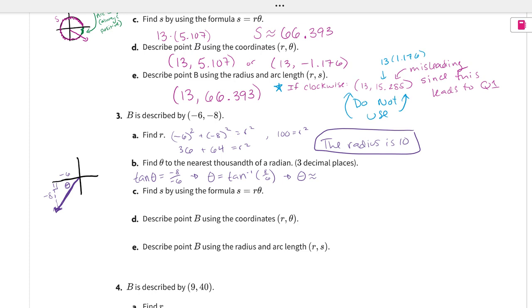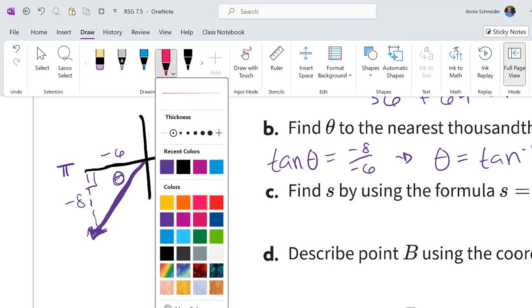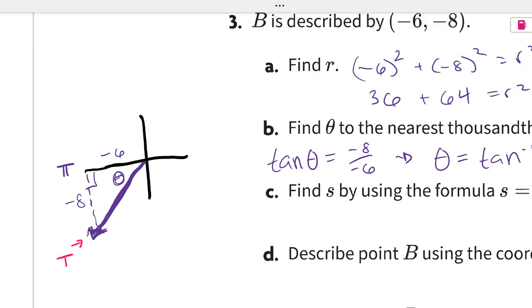So when we do inverse tangent of 8 divided by 6 or negative 8 divided by negative 6, we get 0.927, but that is quadrant 1. So really we need to think, okay, how far are we really? Well, this is pi. So to get this angle right here, we have to do pi plus that angle we just got. What did we get? Let me just look at my calculator.